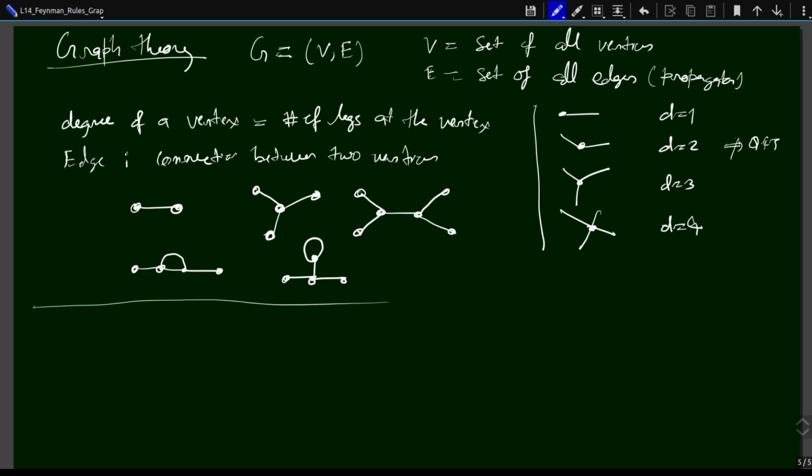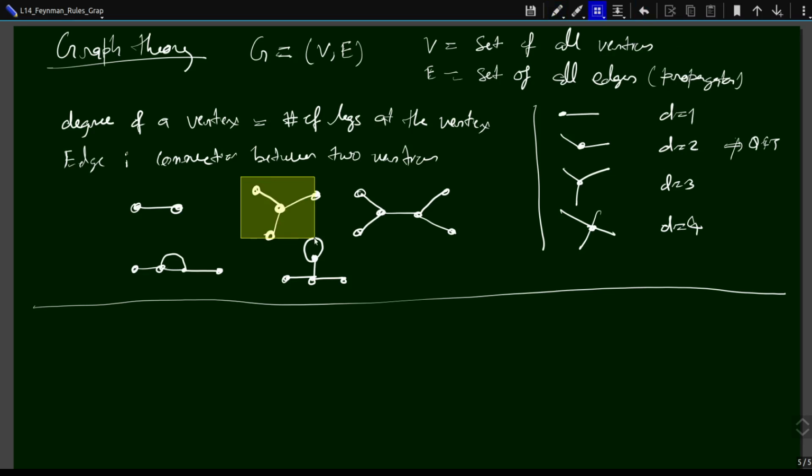So these are the graphs on the left hand side. On the right hand side, I'm just saying what the degree is. In the first one, I have 2 vertices, each having degree 1.